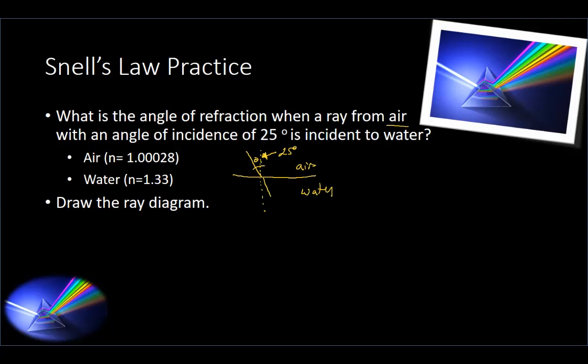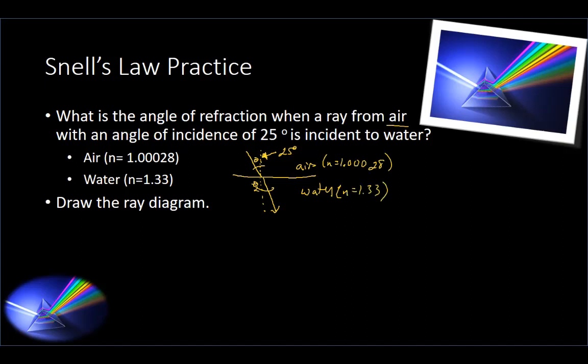And then we're going to come off out this way. This is going to be theta 2, and this is the one that we're trying to solve. We know the index of refraction for both air and water, so I can write those here too. The n value for water equals 1.33.